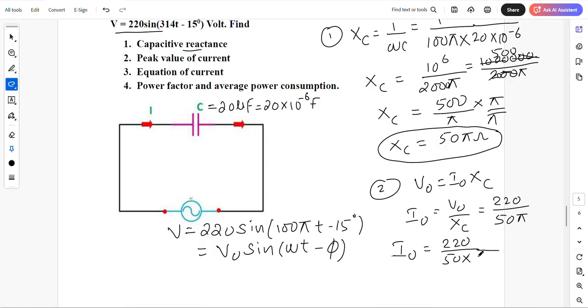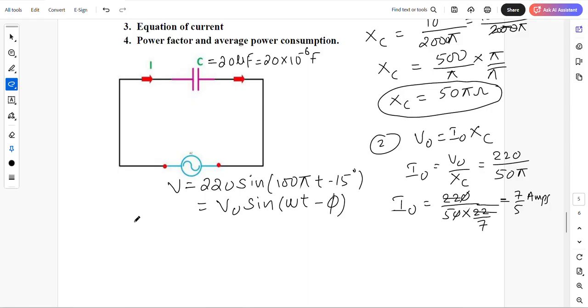I can write pi as 22 by 7. You have to be careful while calculating. 0 gets cancelled, 22 gets cancelled. We get 7 by 5 amperes. Peak value of current is 7 by 5 amperes.